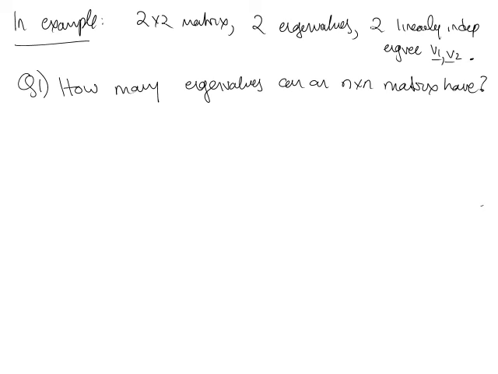But the answer lies in the way that we compute lambda. So recall that lambda is an eigenvalue of A if and only if the determinant of A minus lambda I is equal to 0.